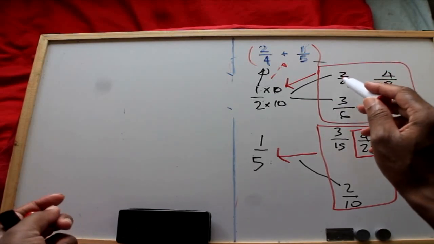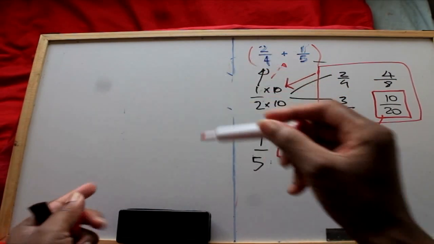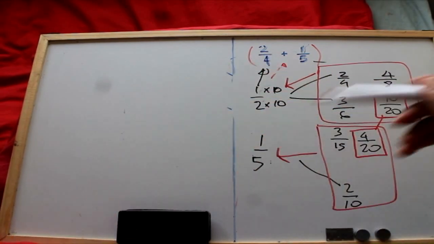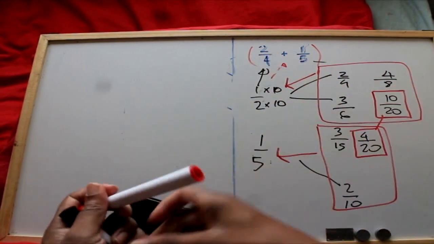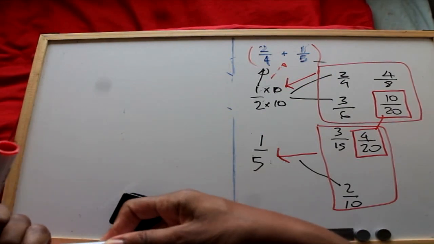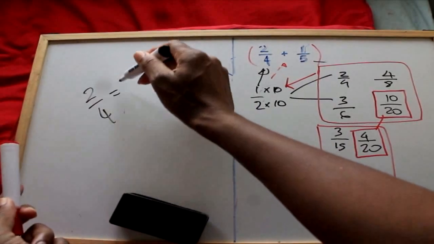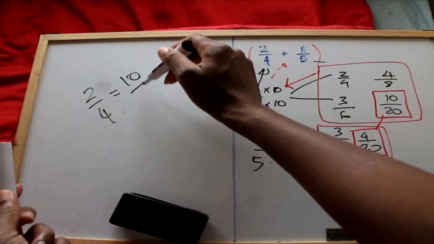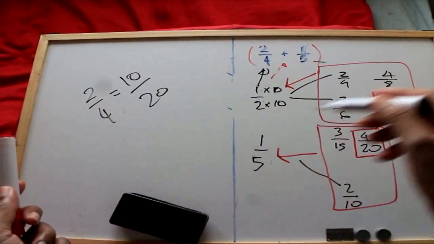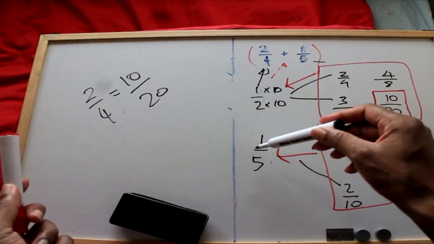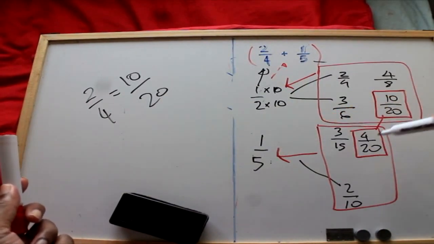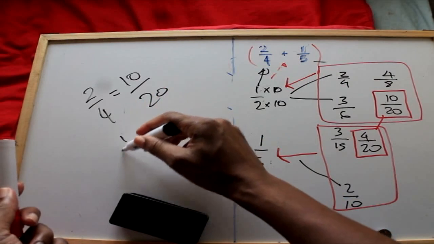So what we can do is replace 2 over 4 with any one of these numbers. We're going to replace 2 over 4 with 10 over 20, because it equals 10 over 20. And then we're going to replace 1 over 5 with 4 over 20.